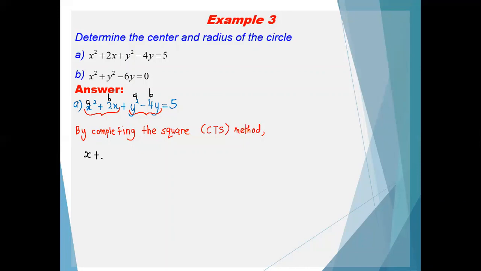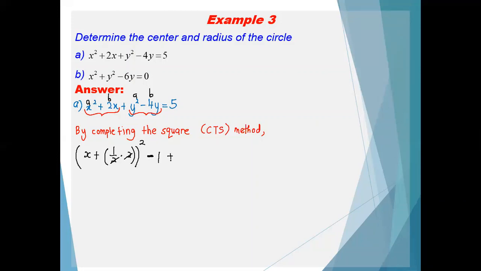Okay, so kalau you tak sure, you boleh refer balik you punya module basic mathematics yang you belajar masa sem kosong dulu. Okay, so x plus half b, 1/2 times 2, then square it, so minus 1/2 times 2, 1 square, so 1.